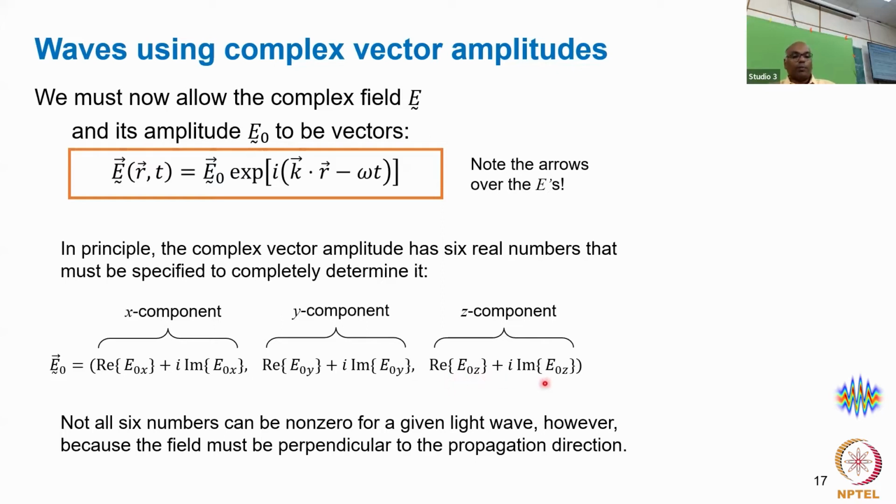So if a light wave is propagating along the Z direction, we essentially have non-zero values for X and Y components. In fact, in cases like circular polarization, you cannot always eliminate one of the other 2 components to be 0.